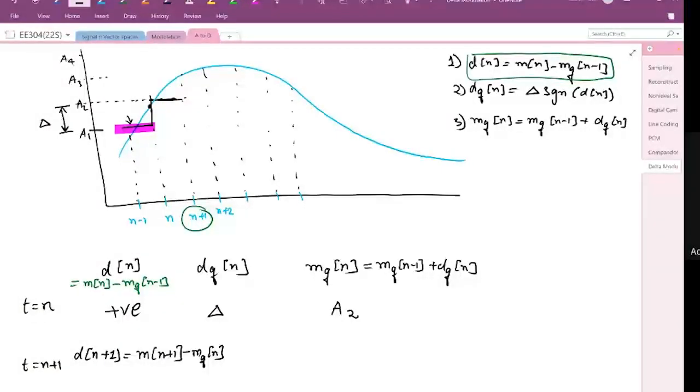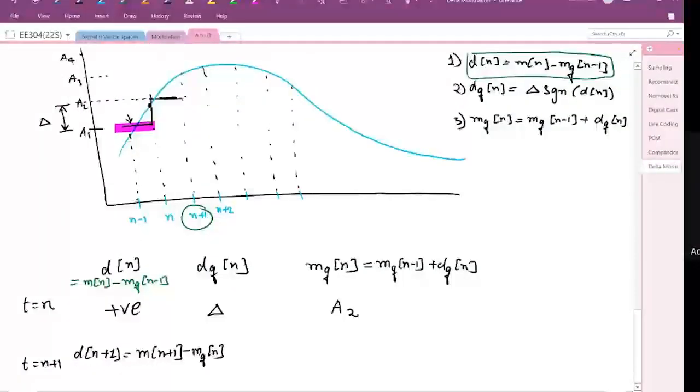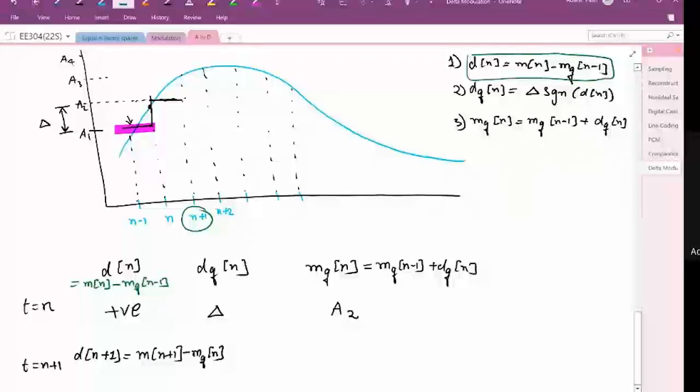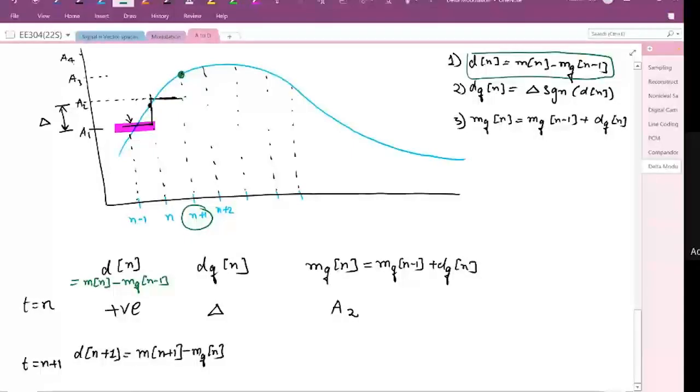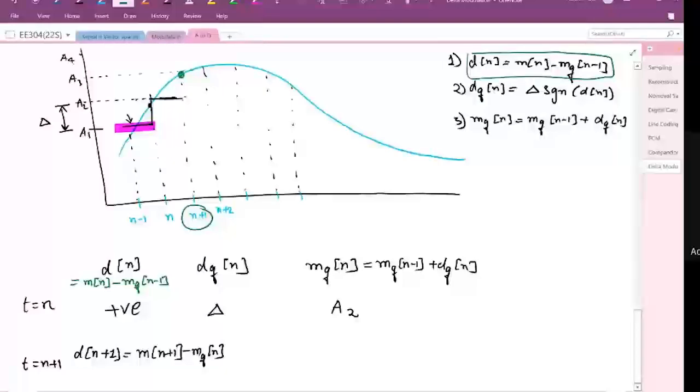So can anyone tell me what is the value of dn plus 1, whether dn plus 1 is positive or negative? We know what mn plus 1 is. Mn plus 1 is this value, which is this, and let us say that this is a3. And we know what mqn is.